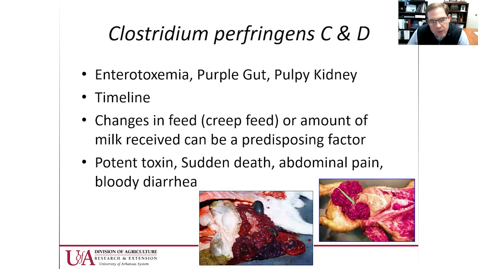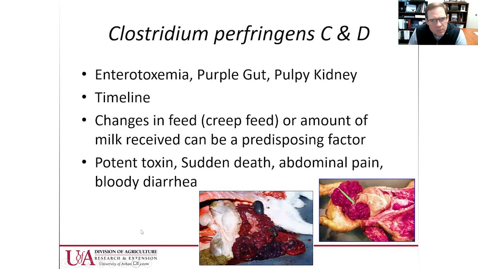So if it's pre-weaning, maybe we've sorted the ewes and the lambs off into two different pens, and then they maybe over-consume milk once they're back with the ewe. Or if it's post-weaning, maybe we've given too much feed and they overconsume. But that's usually the predisposing factor that allows the overgrowth of this bacteria. And then, as I mentioned, they make a very potent toxin that can create the problems that we see.